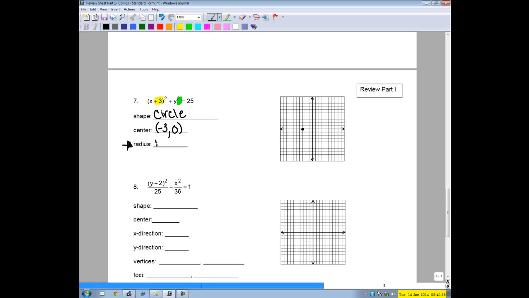And your radius is the square root of what's at the end. So the square root of 25, which is 5. So up 1, 2, 3, 4, 5. To the right 1, 2, 3, 4, 5. Down 1, 2, 3, 4, 5. And to the left 1, 2, 3, 4, 5. And we're done.